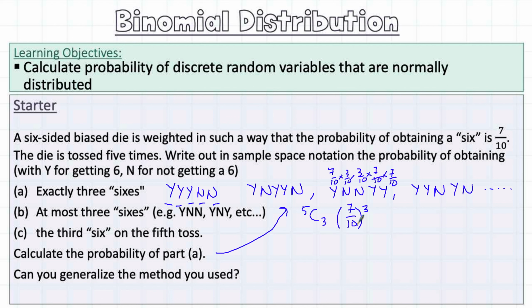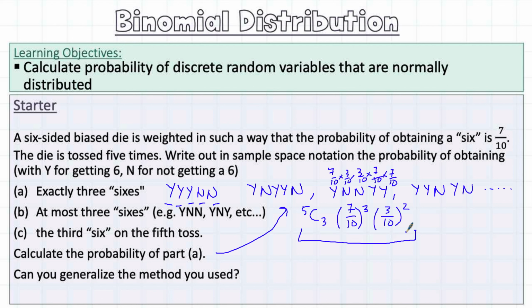So it's always 3 lots of 7 over 10, and then I have 3 over 10 showing up 2 times. So this corresponds to getting exactly 3 6s. This corresponds to getting 2 no 6s. And then how many options do I have for this? It's 5 choose 3.